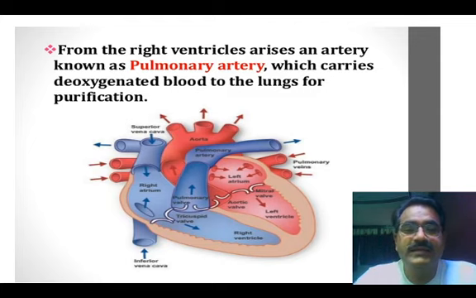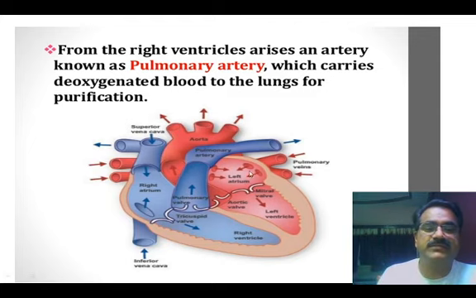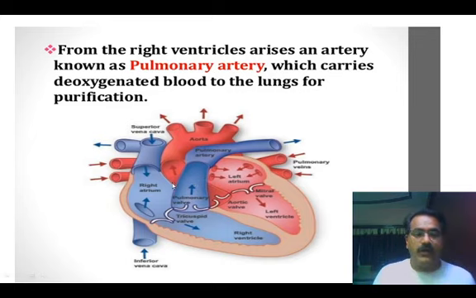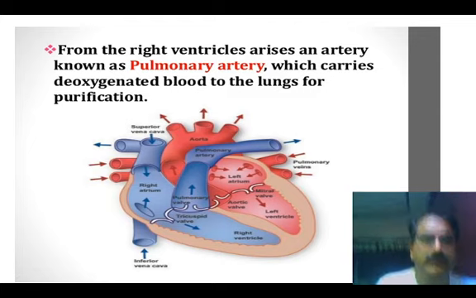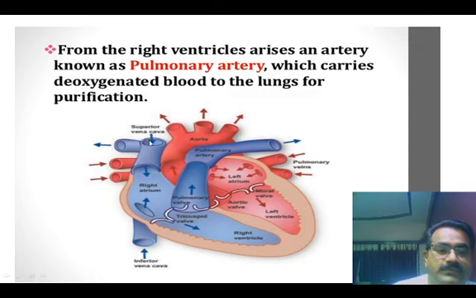In this diagrammatic presentation we clearly see how the right and left auricles receive the blood. Here is the right auricle, here is the left auricle. The right and left auricles are separated from each other by the interauricular septum.